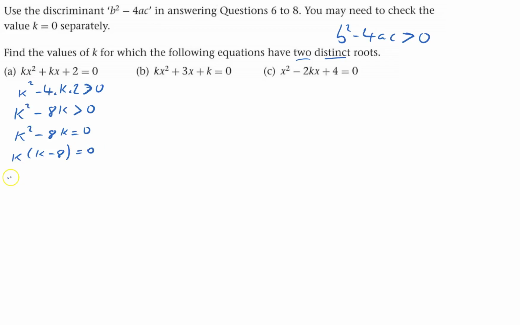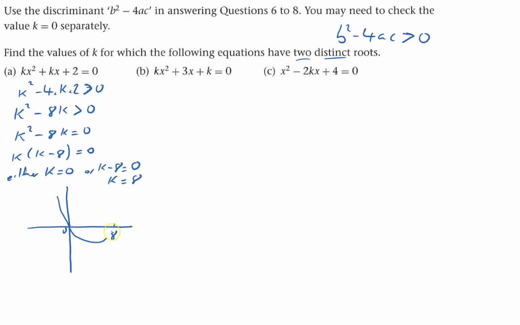Something times something is 0, so either k equals 0 or k minus 8 equals 0, and that says that k equals 0 or k equals 8. So here's a picture of what it looks like. There's 0, there's 8. It's a k squared, so it's going to be a U-shaped curve.